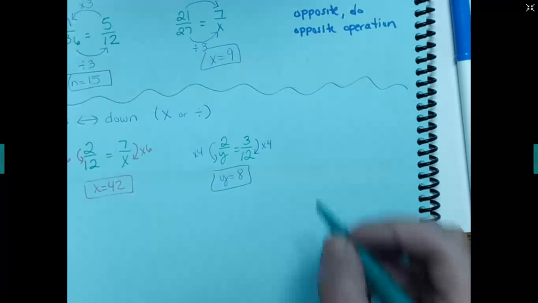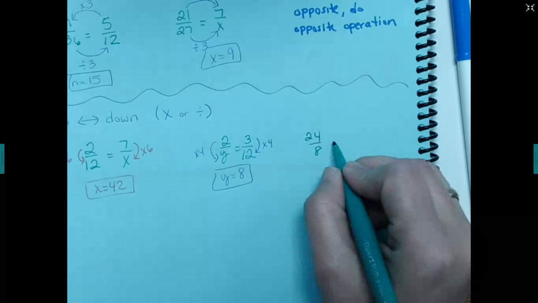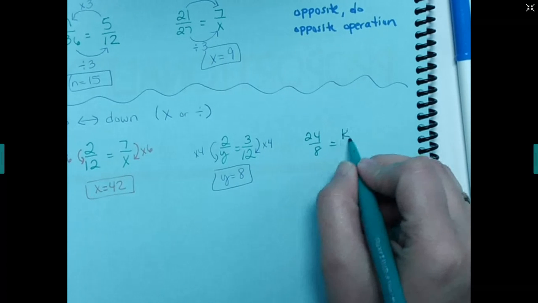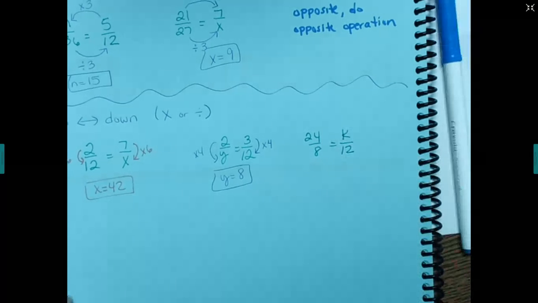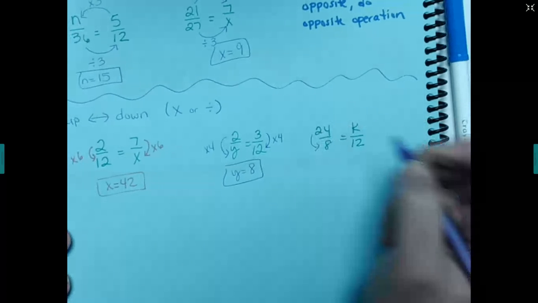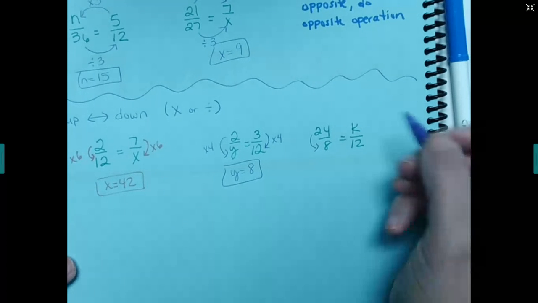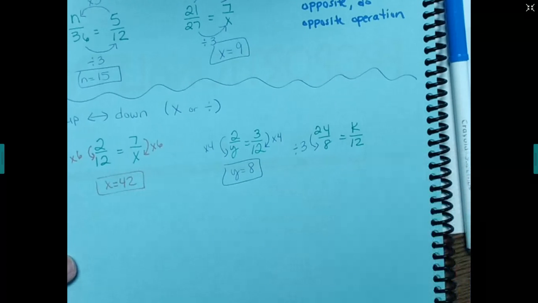The final one is 24 over 8 equals k over 12. Here, 24 to 8, I'm getting smaller, so I know I'm not multiplying, I'm dividing. And what am I dividing? Good, divide by 3.